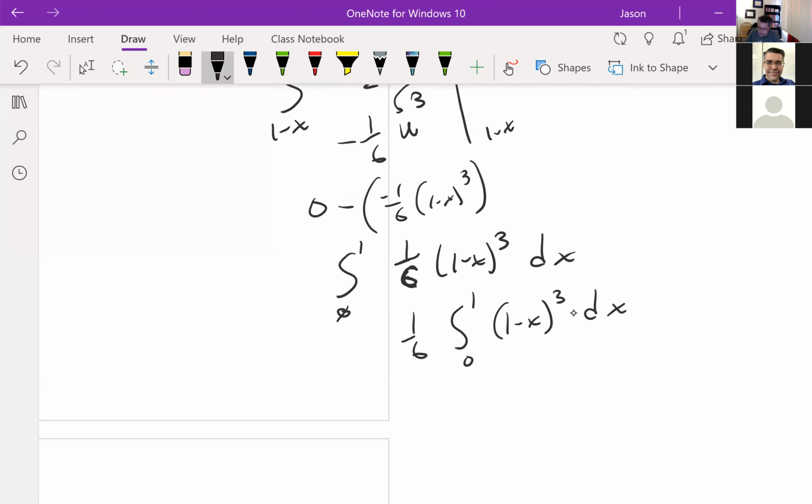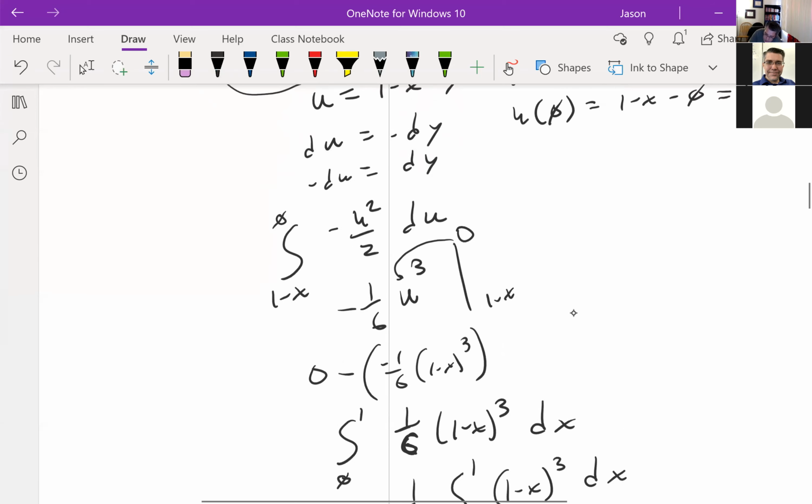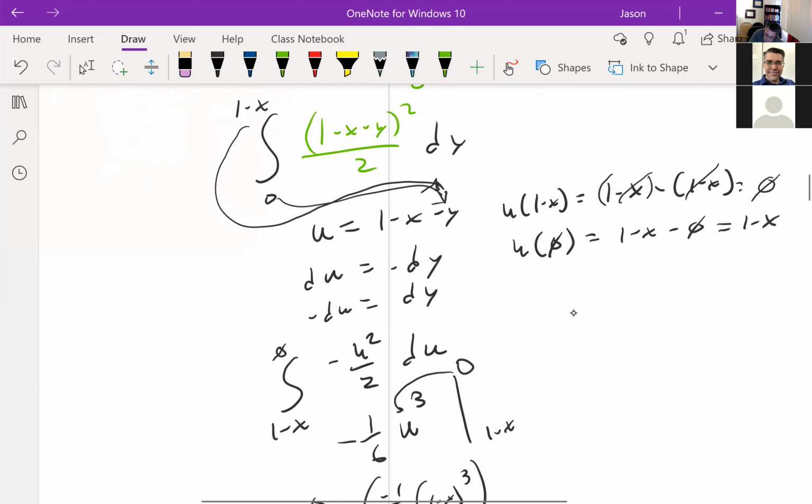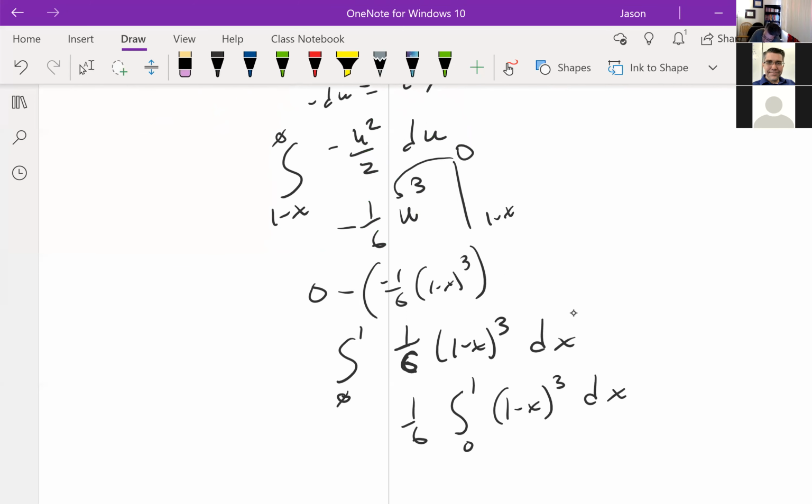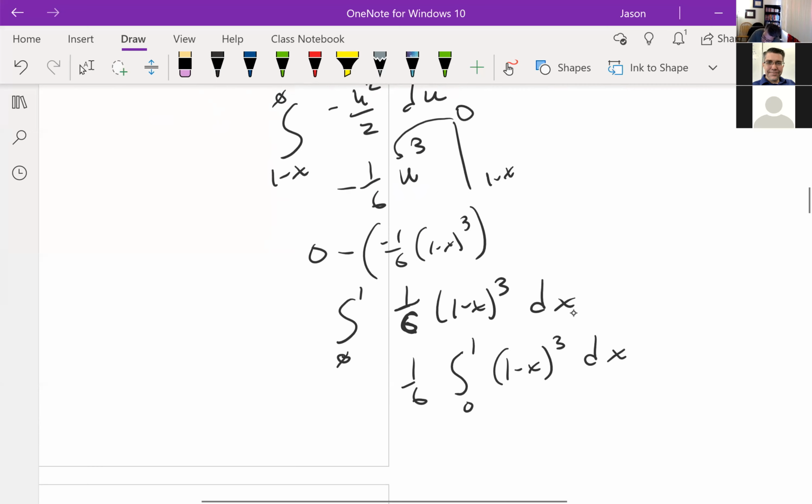Pull out the 1/6, and then we're going to do a u substitution again. What was the last one here? Oh, it was blue. This should all be in blue, but whatever. 0 to 1, of this guy here, 1/6 times 1 minus x cubed dx.